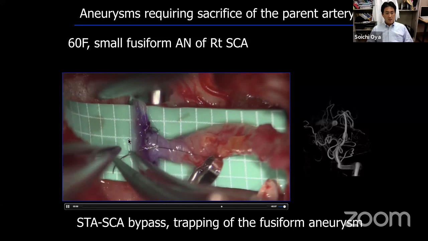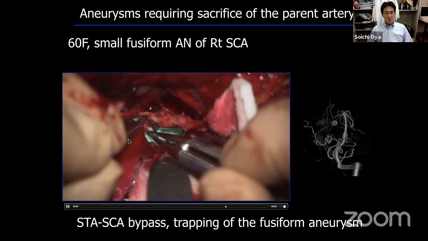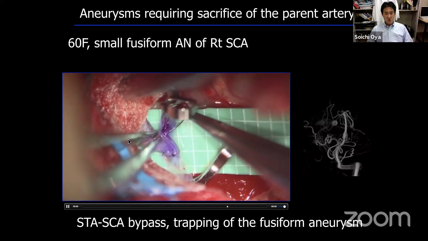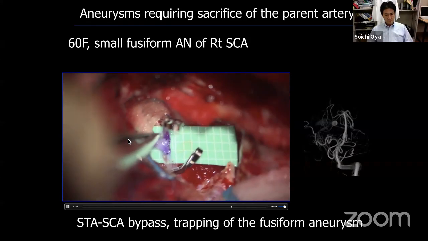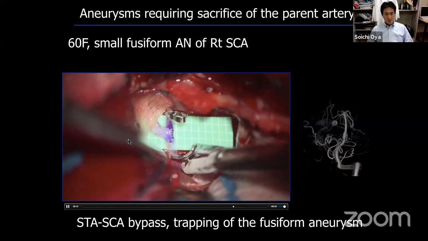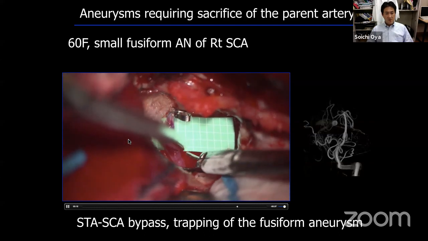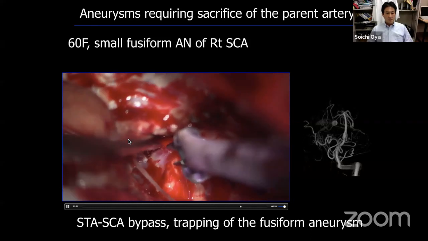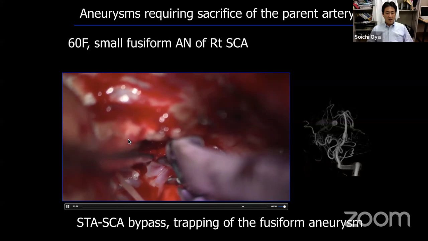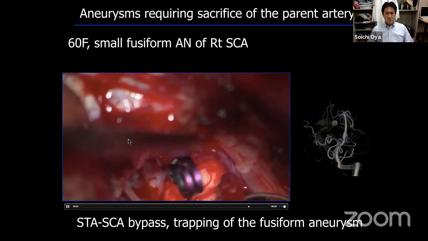And also, you can have ample space to insert surgical instruments from various directions. Now I'm releasing the parent artery flow, and I apply the permanent clip distal to the aneurysm.